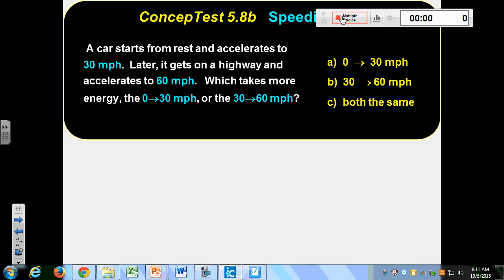All right, a car starts from rest and accelerates to 30 miles an hour. Later it gets on a highway and accelerates to 60 miles an hour. Which takes more energy, to go from 0 to 30 or 30 to 60?